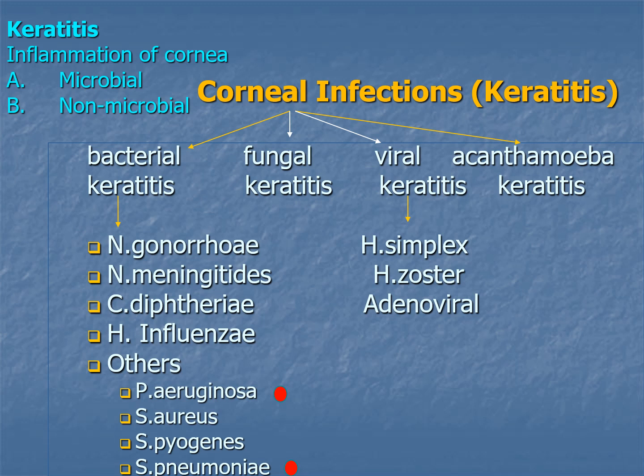The fungal keratitis, mostly the two types of fungi, the Candida and Aspergillus, cause the fungal keratitis. And the viral keratitis, usually due to herpes simplex, herpes zoster, and adenoviruses are the culprit causing the keratitis.